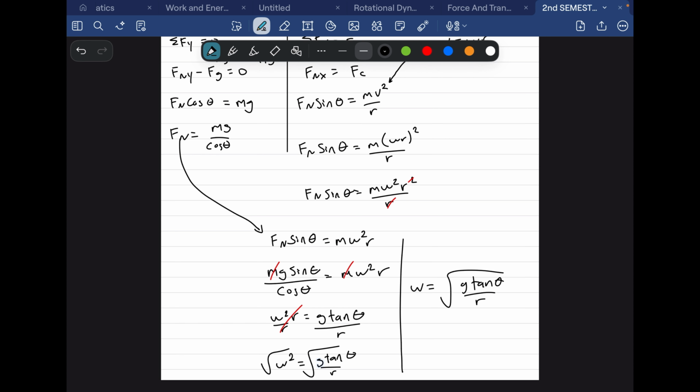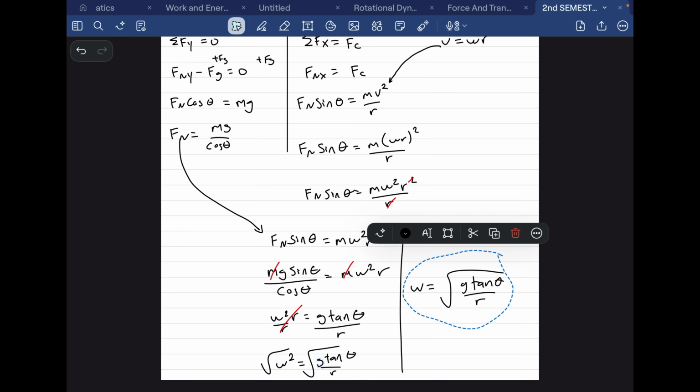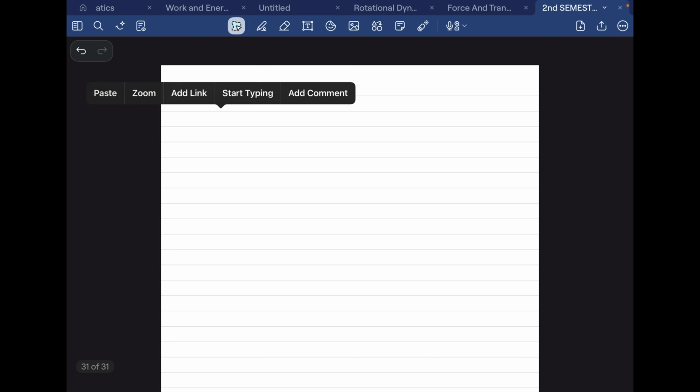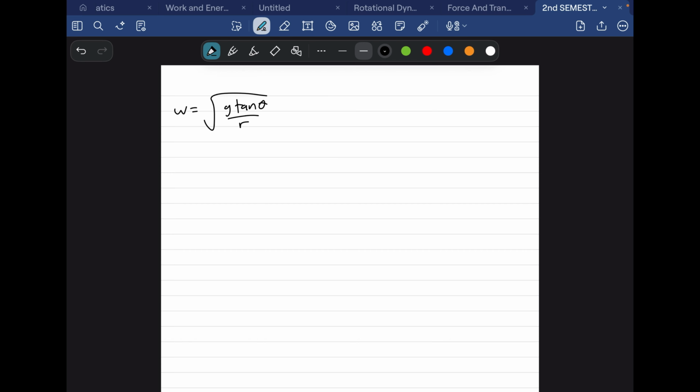But then we don't know what lowercase r is, so we have to find a replacement for it. So I'll move to another page. I'll redraw the diagram. So this is lowercase r, this is d, and this is capital R. Right? And then our angle is right here. So we want it in terms of capital R. So we have sine theta is equal to opposite, which is lowercase r, over capital R. So multiply by capital R, where we get this equation.